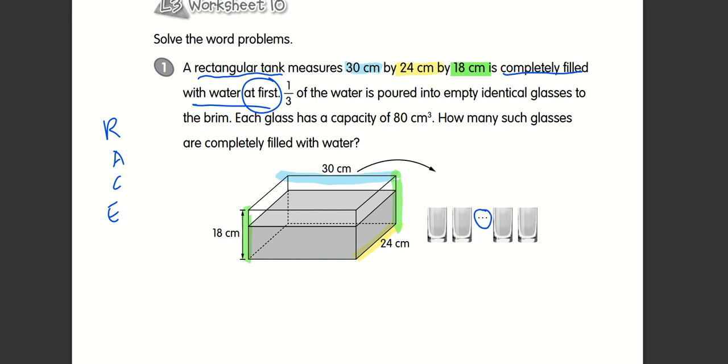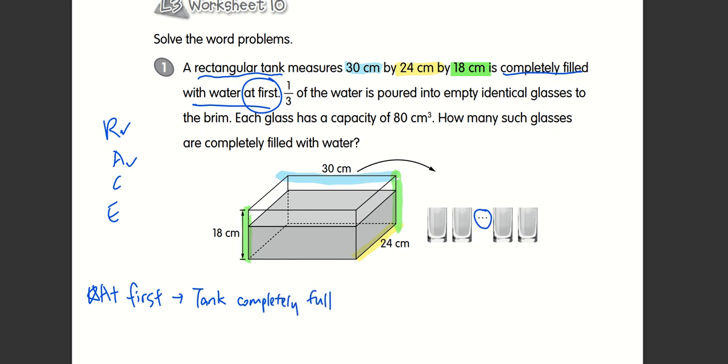Now, this rectangular tank is completely filled with water at first. Okay, at the start. So it seems like there's a story going on. So I'm going to do my reading and annotation at the same time. At first the tank is completely filled.